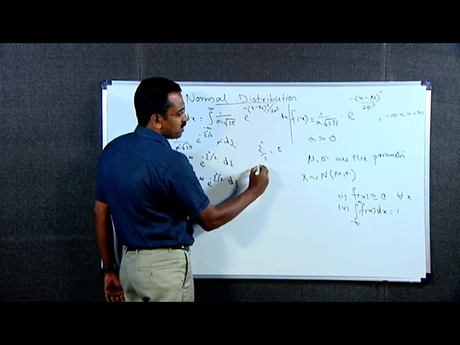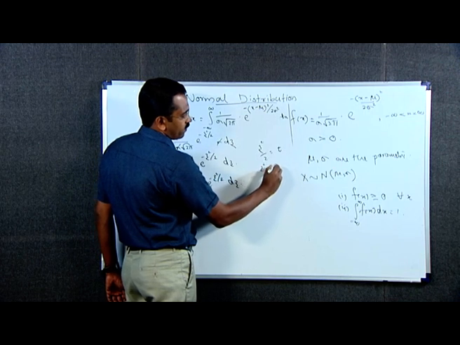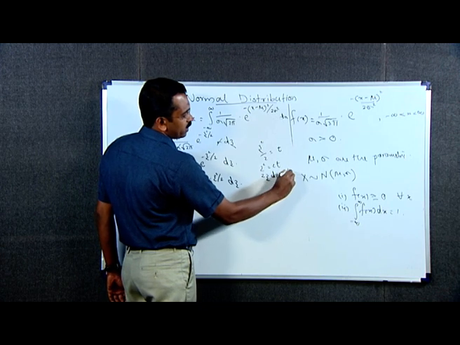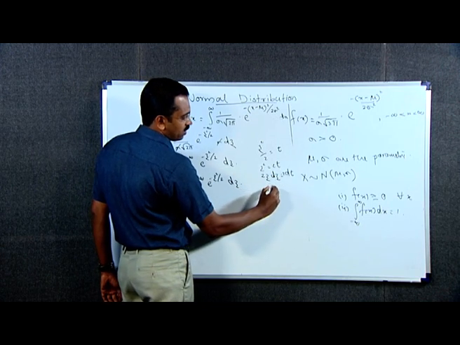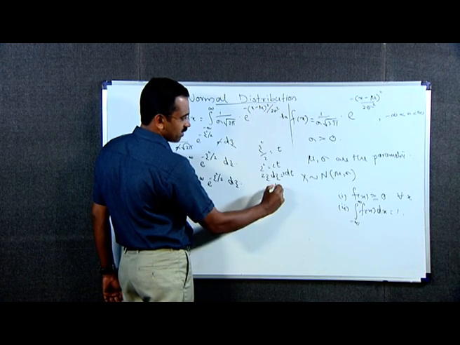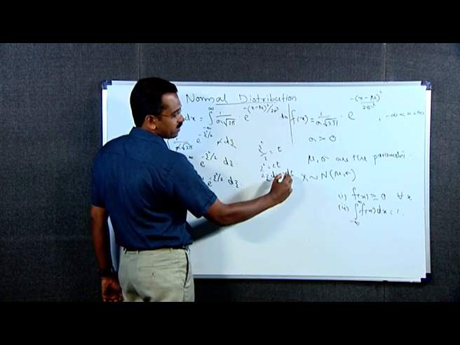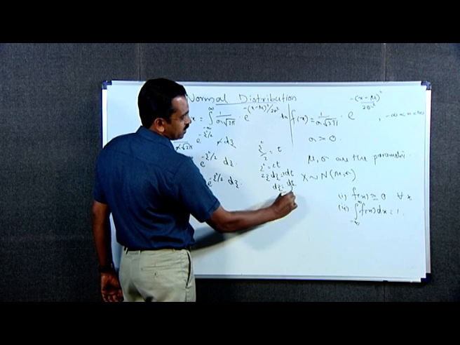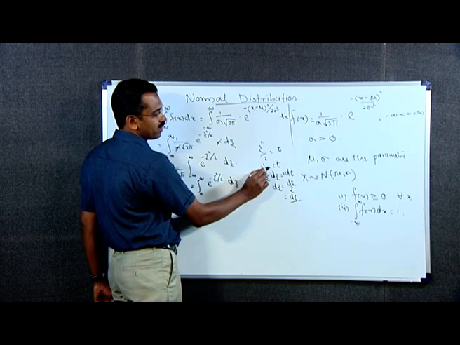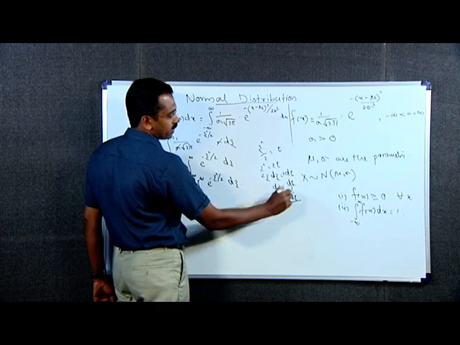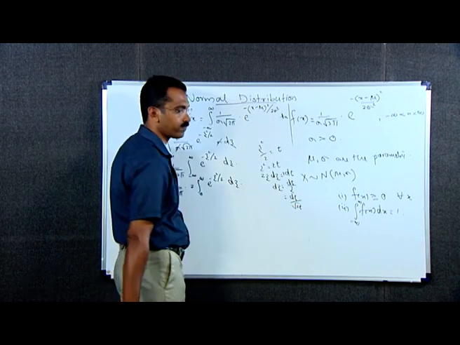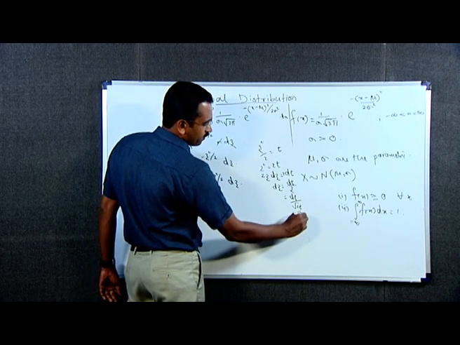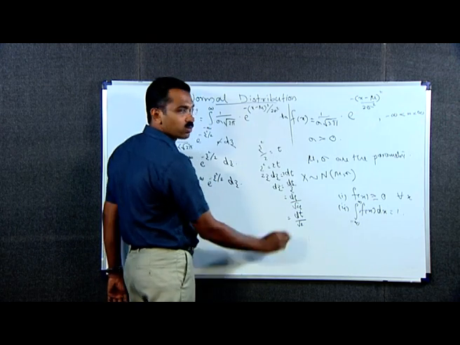That is z square is equal to 2t, 2z dz is equal to 2 into dt, that is dz is equal to dt by z, where z is equal to root of 2t. That is dt divided by root 2 into root t.